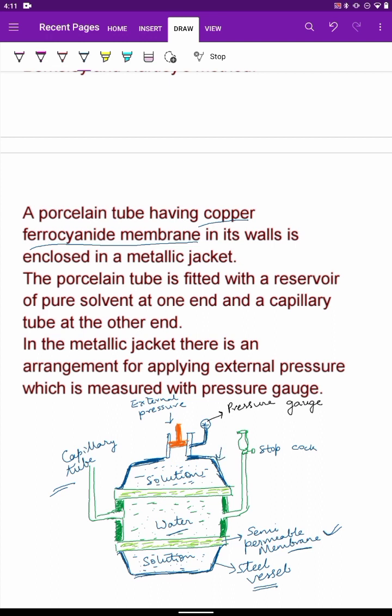In this there is also an arrangement so that we can apply external pressure. You see marked here. We can apply external pressure whenever required, and that can be measured with the help of a pressure gauge. So the metallic jacket is fitted with an arrangement so that we can apply external pressure, and this can be measured with the help of a pressure gauge.